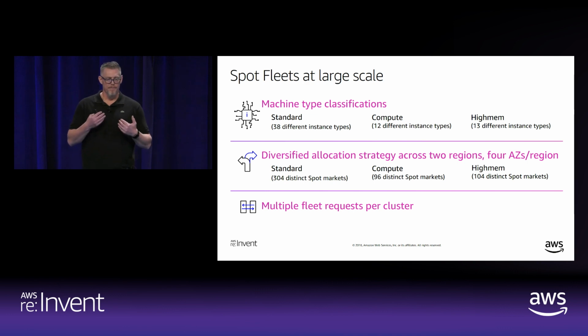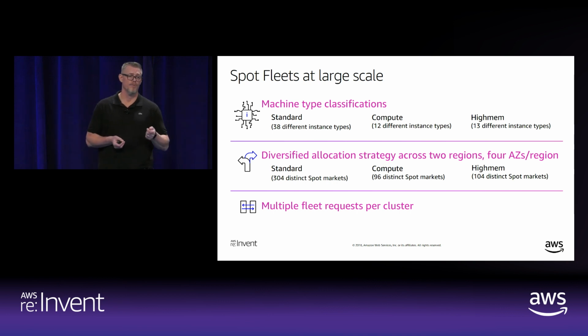So we have a couple things with our spot fleets and with our clusters that are important to us. First and foremost, we want them to come up as quickly as possible. Also, we want to minimize the size or scope of any termination events that we get. Now, by using a diversified allocation strategy, we can actually achieve both those goals.